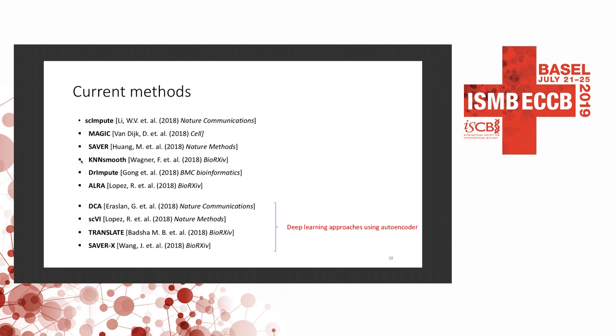I'm just saying in statistics, when you say imputation, intuitively you are thinking that you are changing the zeros to non-zeros because you are thinking the zeros are missing. But here, it's not the same problem, so we like to call it denoising because you are removing the technical noise. But all these methods, though some are called denoising, some are called imputation, they are doing the same thing.